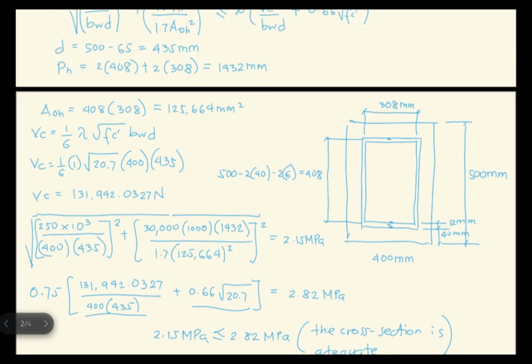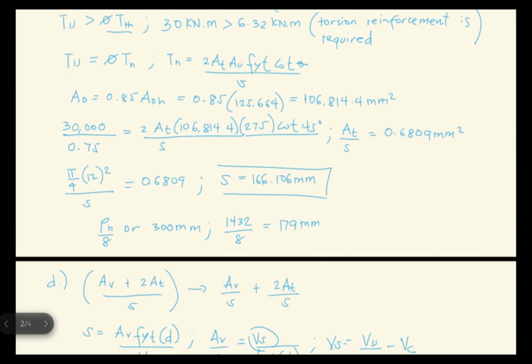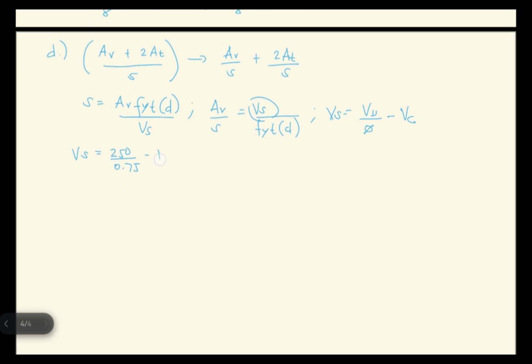Here, Vc is 131.942 kilonewtons. This will give us 201.391 kilonewtons.